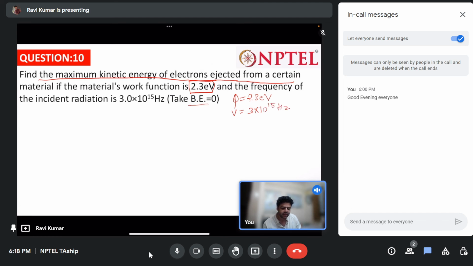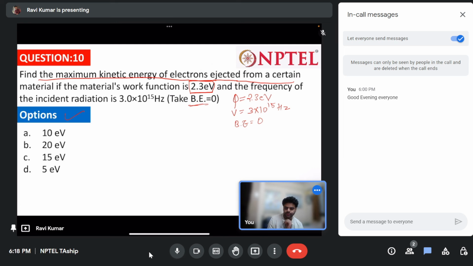And binding energy, let's take binding energy 0. Now you just need to calculate the maximum kinetic energy of electrons ejected from this material. Options say 10 electron volt, 20 electron volt, 15 or 5.